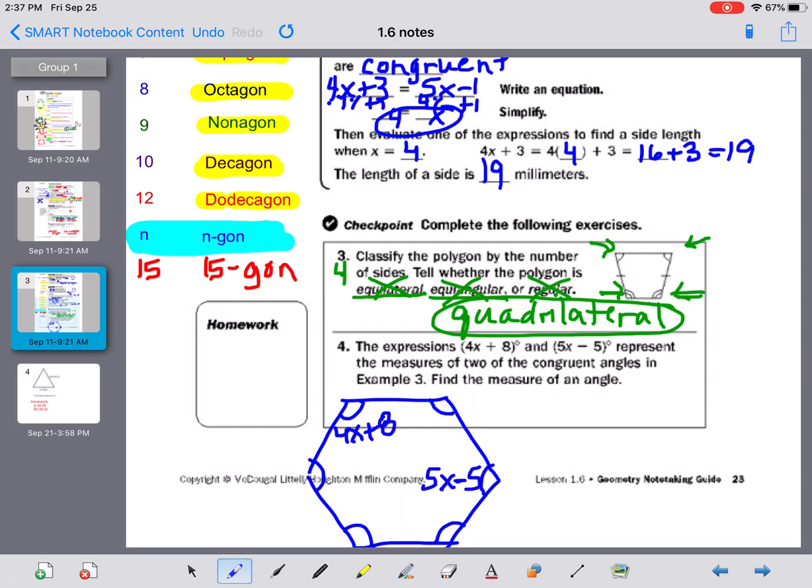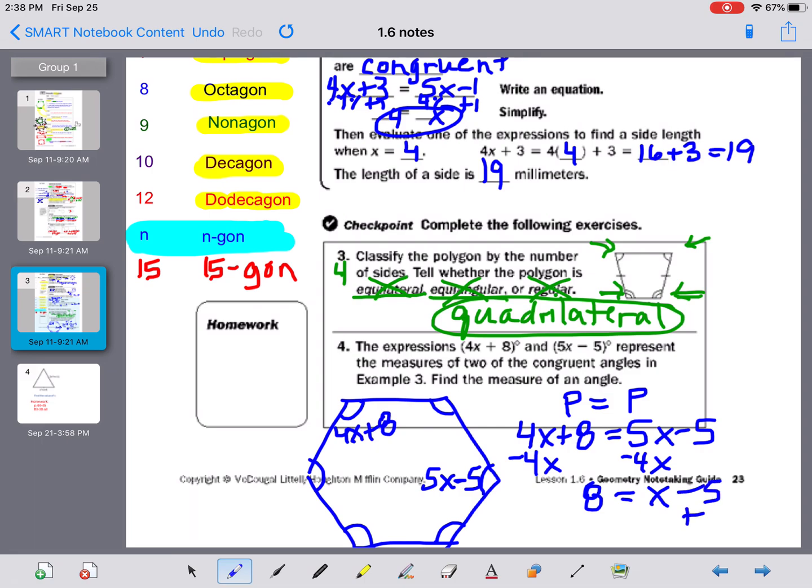But the important thing is if they're equal, I can have an equation, part equals part again. So I get 4x plus 8 equals 5x minus 5. Solving for x, subtract 4x, I get 8 equals 1x minus 5, add 5, and x equals 13.